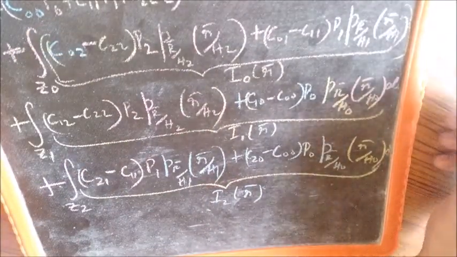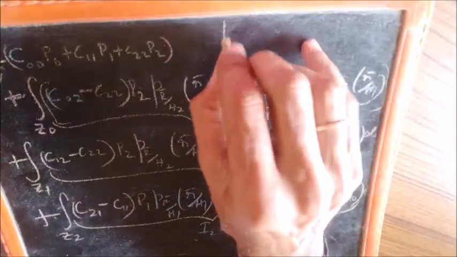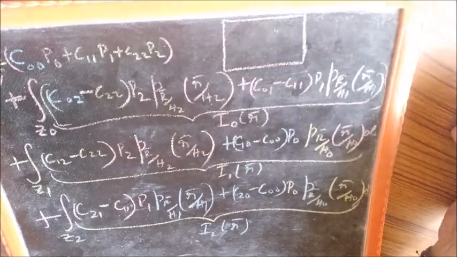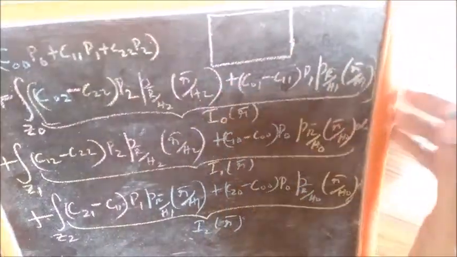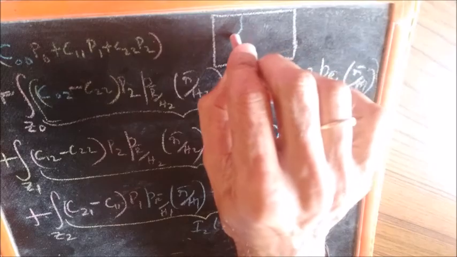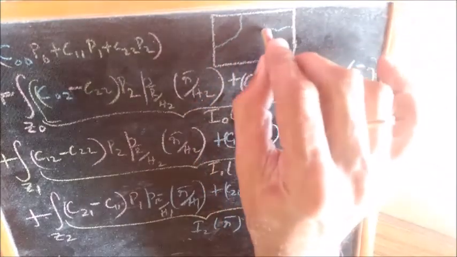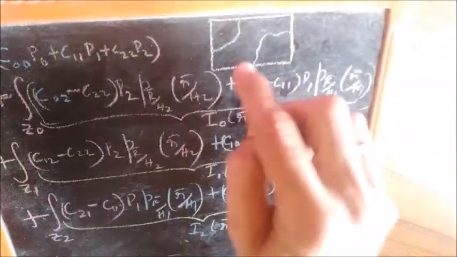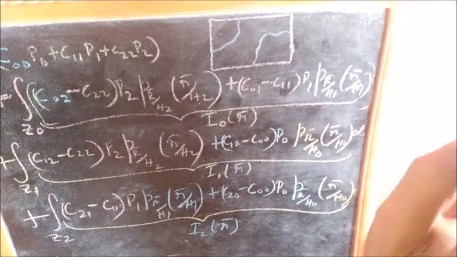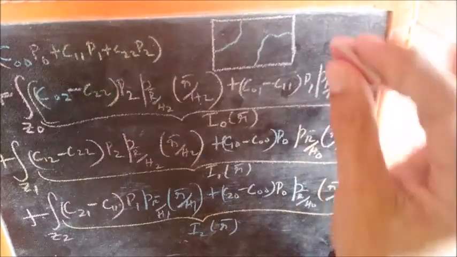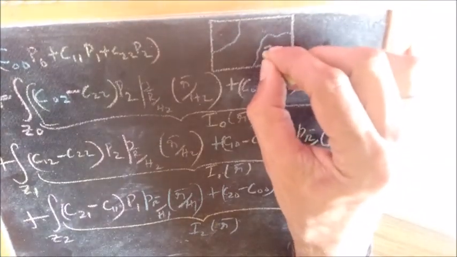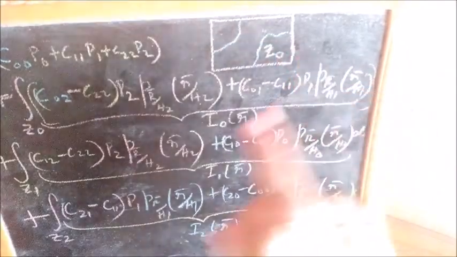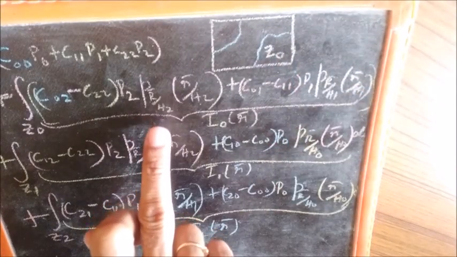So the observation space Z has to be now divided into 3. Symbolically I will show like this. This is region 1, 2, 3, 3 regions, such that in region Z0, again it's simply a symbolic representation, I0 is minimum.